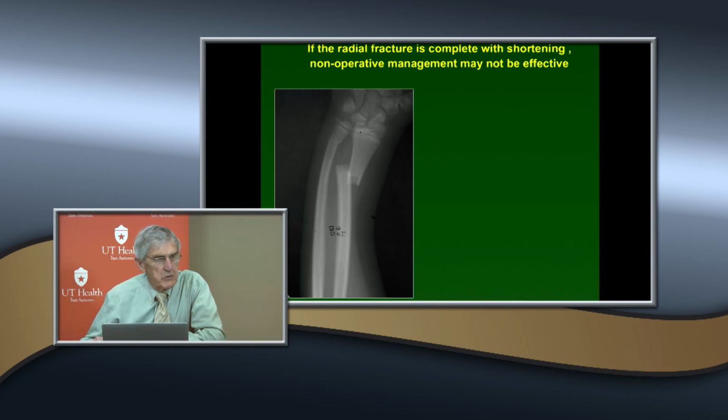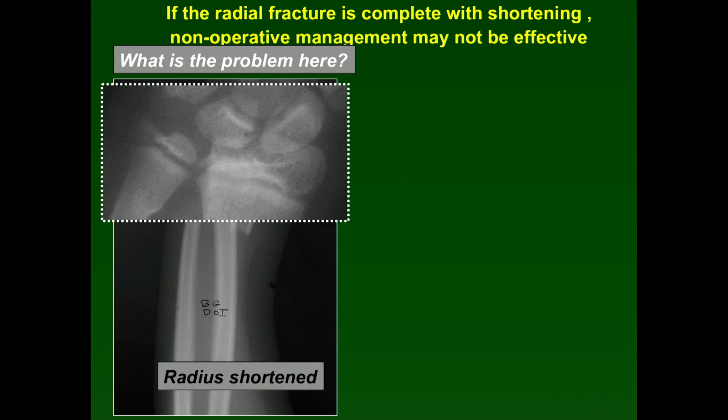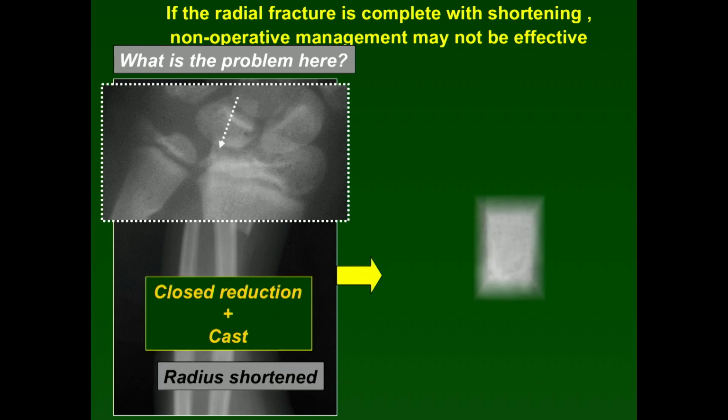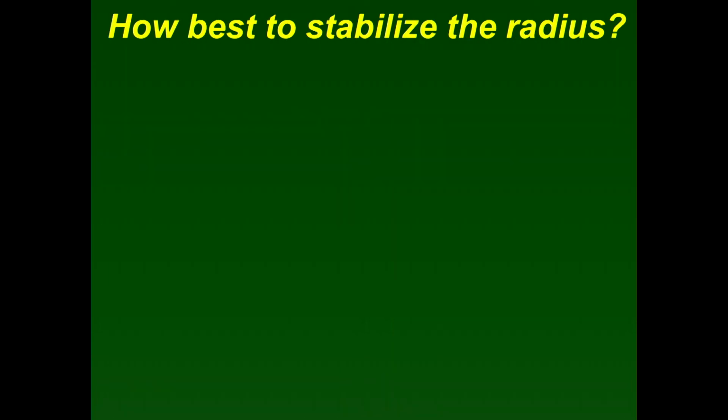Well, the radius has been shortened, so that tells you that there's some dissociation associated with it. So this doctor just focused on the radius, and he thought, see, it's shortened, and he just put it in a cast. Is that acceptable? Well, it's probably inadequate.